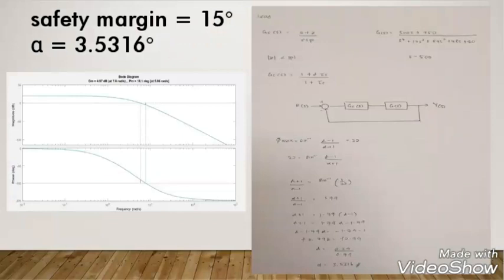Okay, continue. For the gain margin, we can get the tau. The formula is omega m equal to 1 over tau times the square root of alpha. How to get omega m? Omega m is from the gain margin.